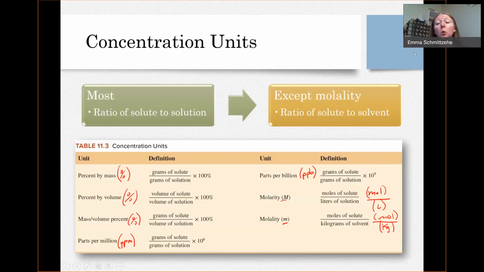When you're calculating a molality, you need to have only the amount of solvent on the bottom. If you put solution on the bottom, your molality is not going to come out right. Now if it's a really dilute solution, it'll come out pretty close to right, but it's still not right. So be careful when you're calculating molalities.